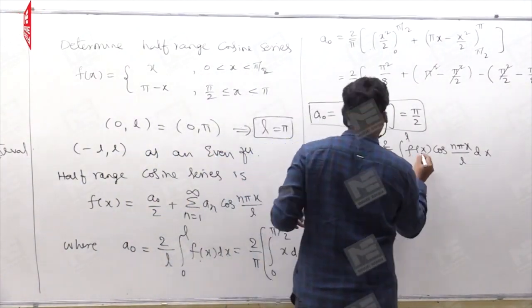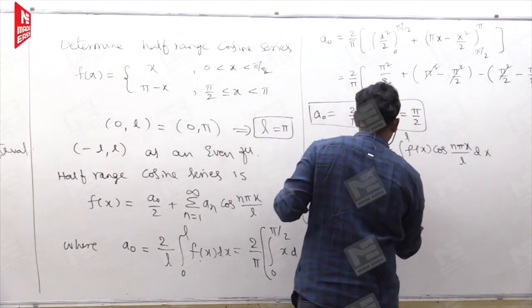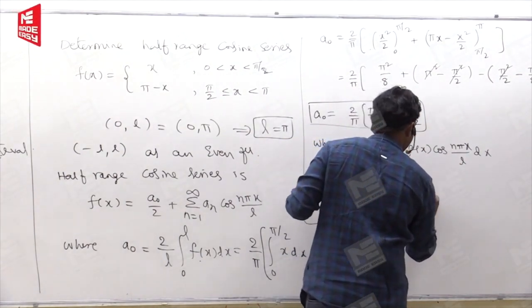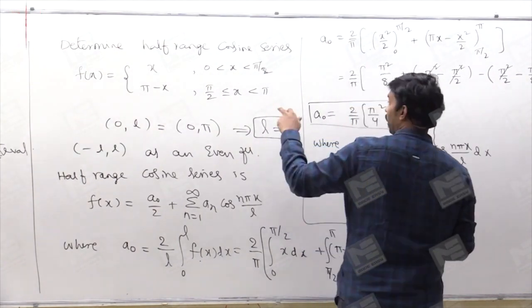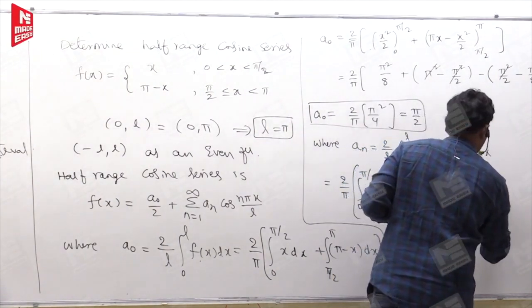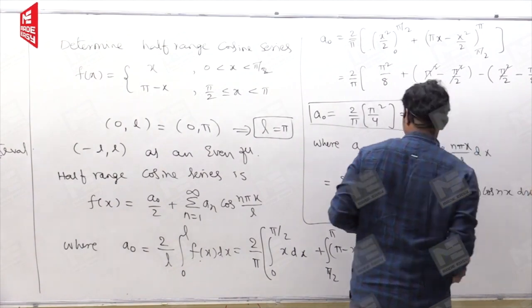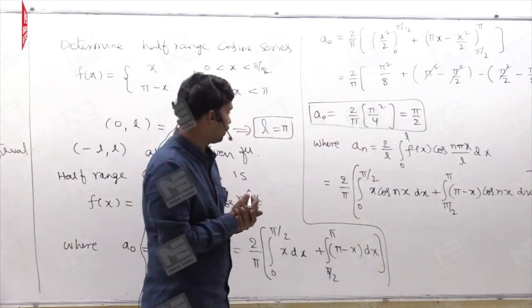So 0 to pi by 2 f of x, that is x cos nx dx, then pi by 2 to pi, that is pi minus x into cos nx dx. So this is what we have to do.